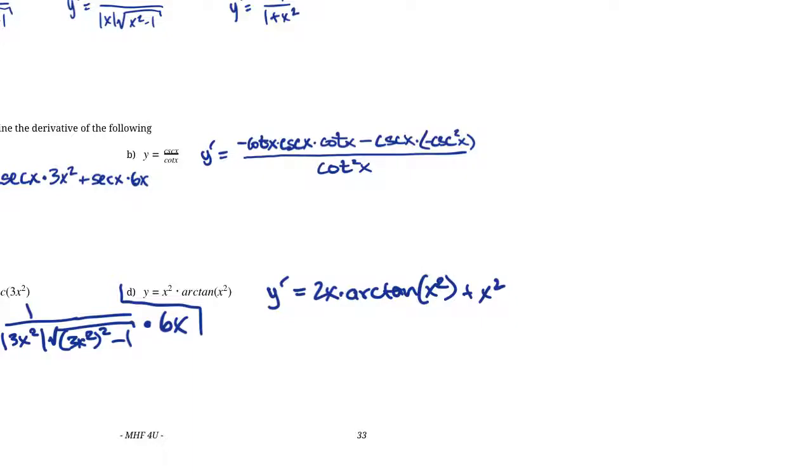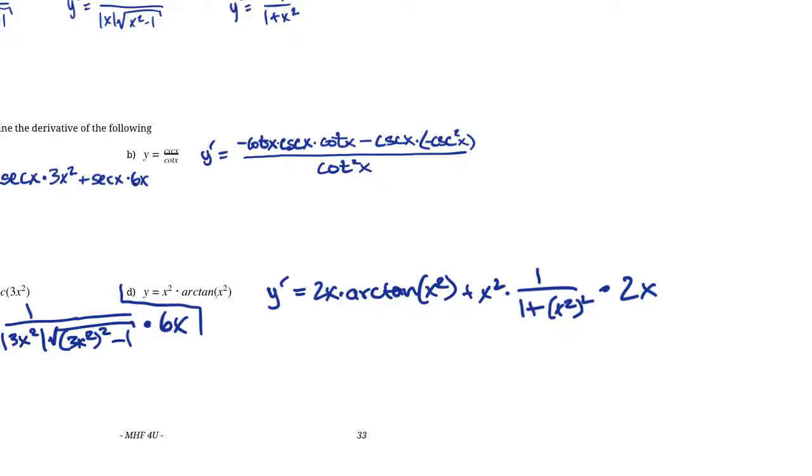So it's 1 over 1 plus, and it's not x because we have an x squared inside there. So it's x squared times the derivative of the inside, times 2x. There we go. That's it. Again, we could simplify this, but I'm okay leaving it here because we have successfully taken the derivative.